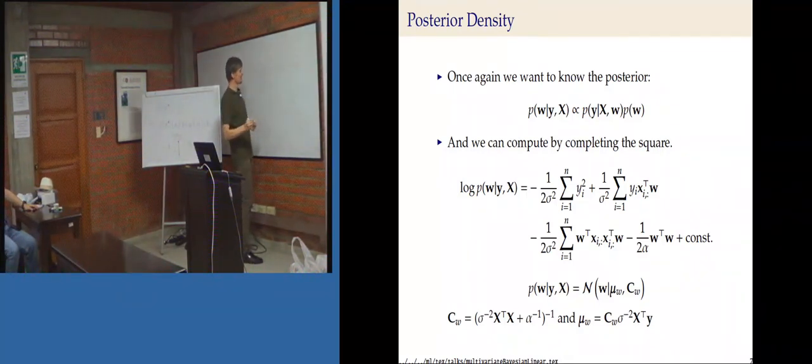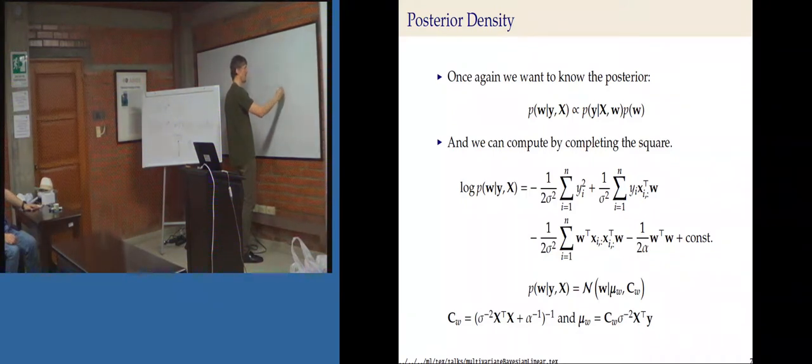Like this. So that's from the w: minus a half w transpose C_w inverse w. I've got another term here, which is mu transpose C_w inverse w. And that ends up appearing twice, and because C_w is symmetric, that ends up just doubling itself.